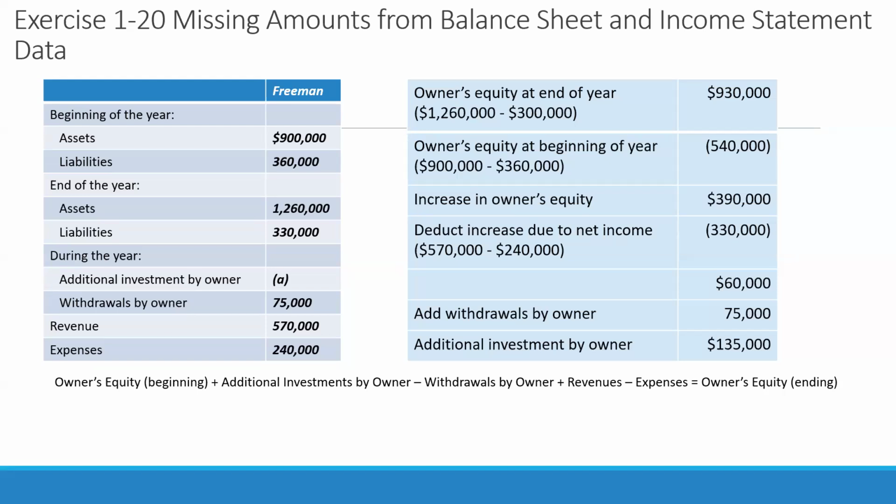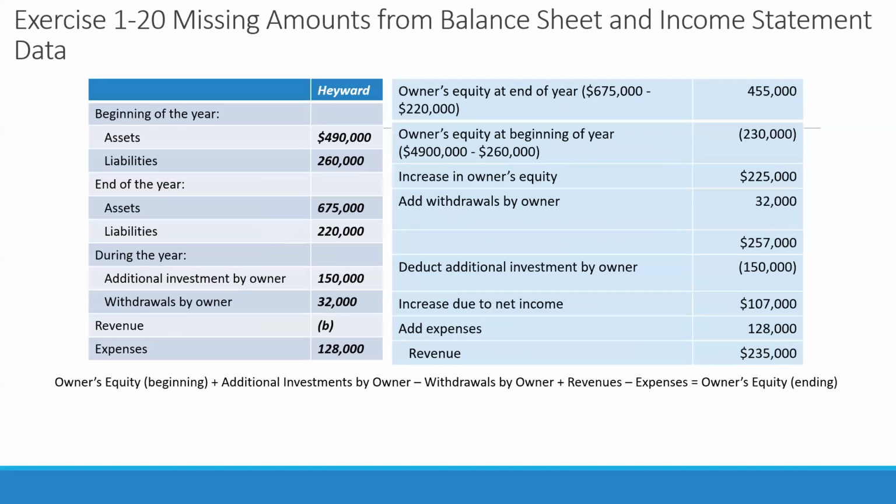And then you can say, okay, the owner withdrew 75,000, but the net impact of owners' contributions and withdrawals from the business was 60,000. So 135,000 must have been invested by the owner into the business.